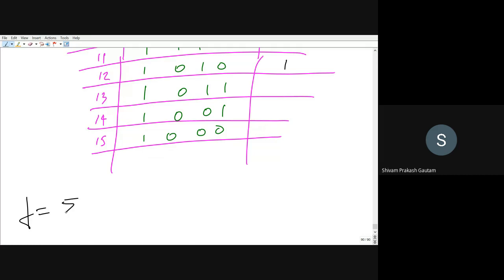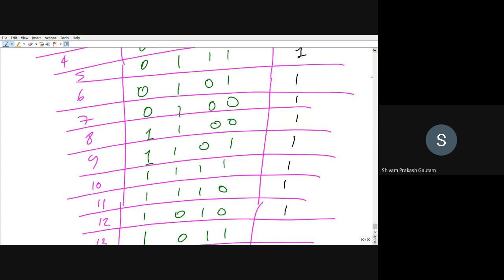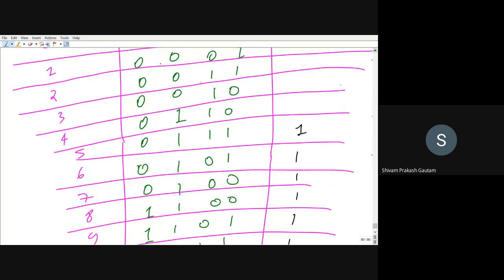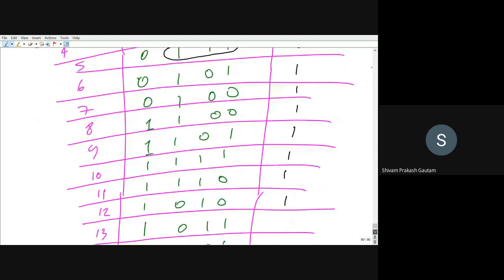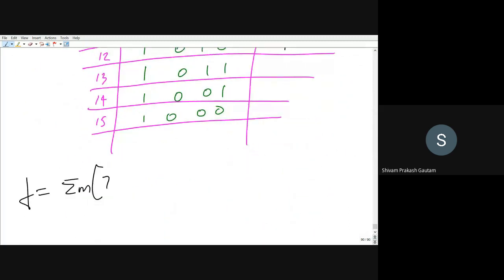Just see where the output is 1 and convert that gray code into equivalent binary. So convert this to equivalent binary. So this is equivalent of what? 111 is what? 7.